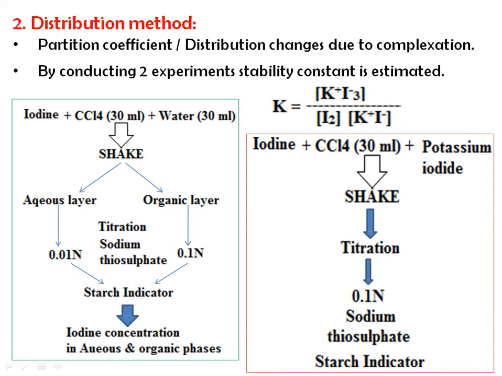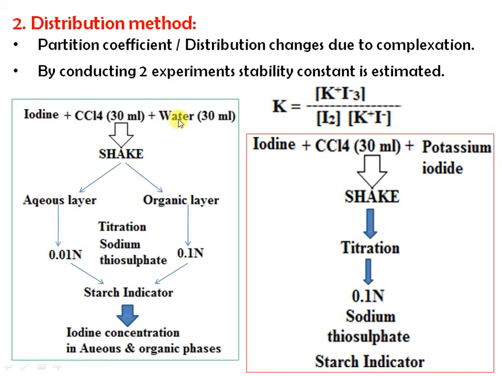Means when you conduct these two experiments, in the first experiment you have used potassium iodide, and this potassium iodide forms a bond with this iodine, so ultimately less free iodine is there, and that will be detected by the titration method.